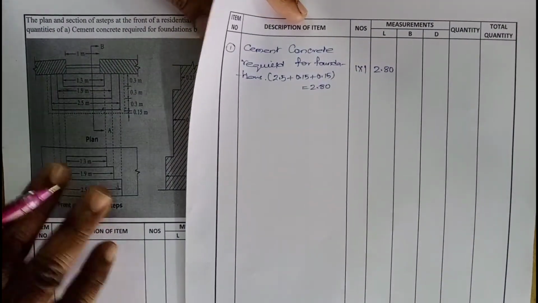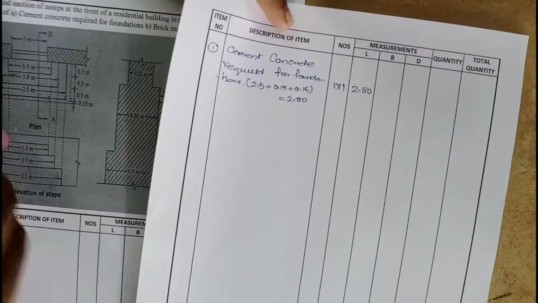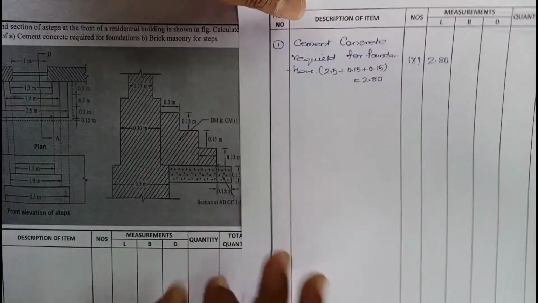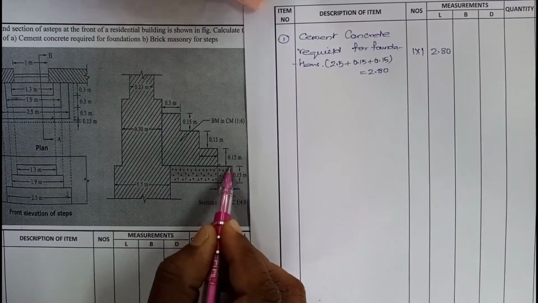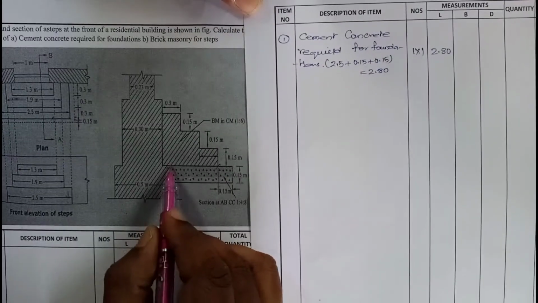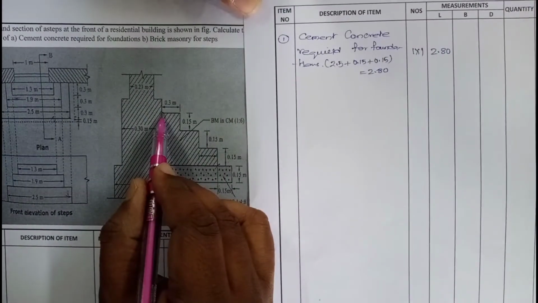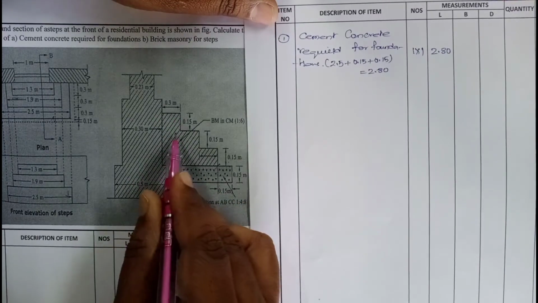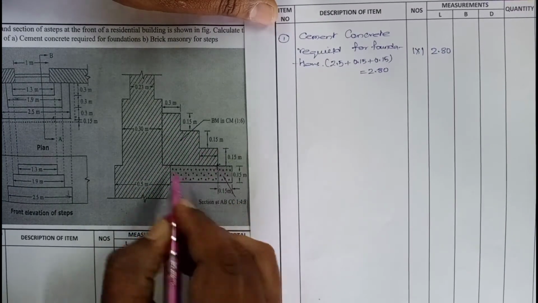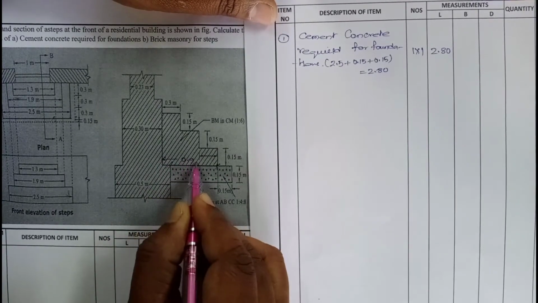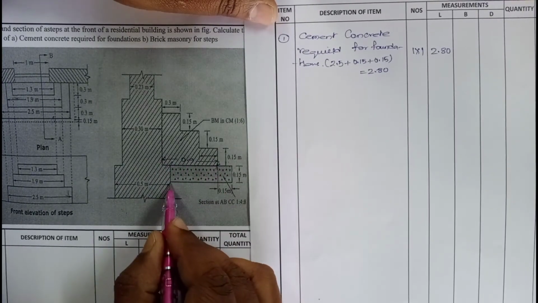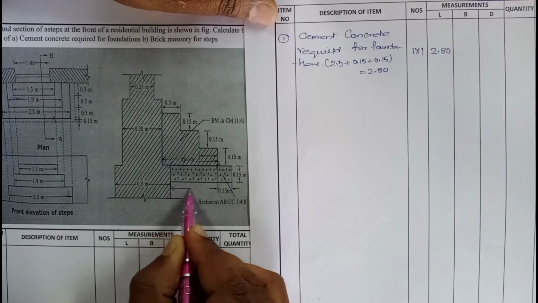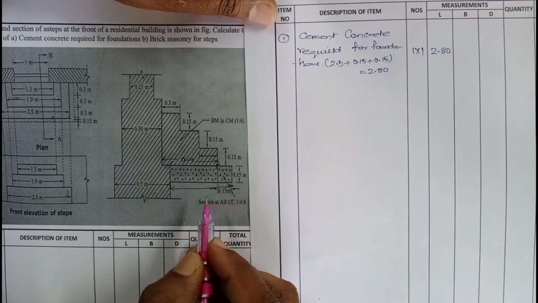Next, again, what will the width be? The width calculation will be the same as the previous one. From here to here I have to calculate, meaning the tread of each step is 0.3, so from here to here it is 0.9, but I am interested in knowing the width from here to this portion.